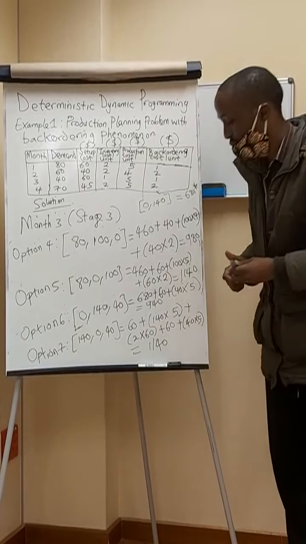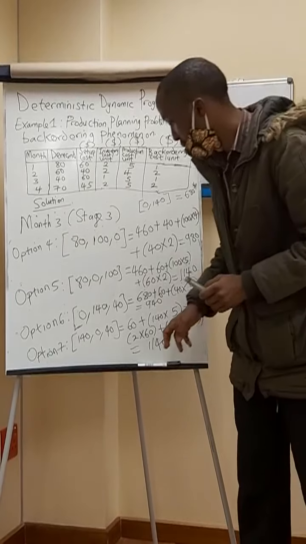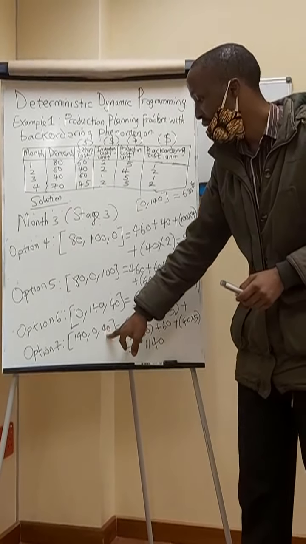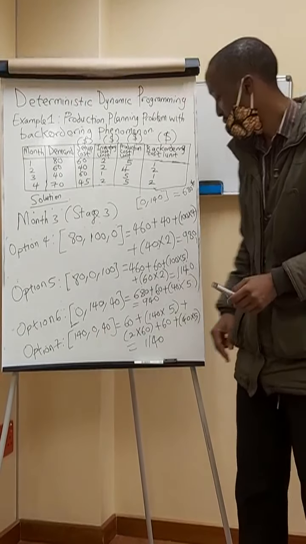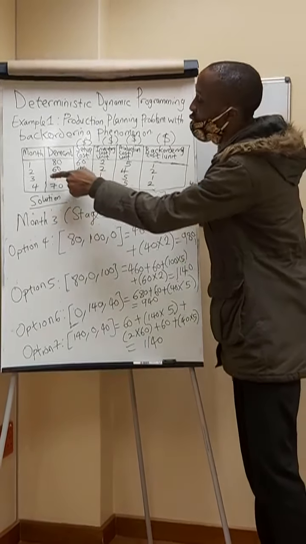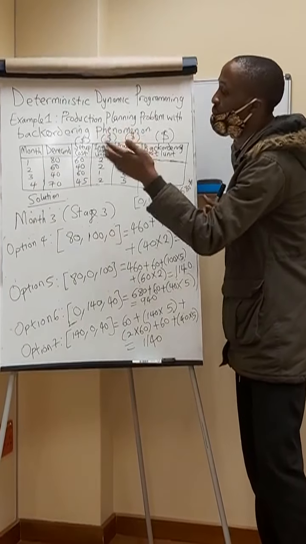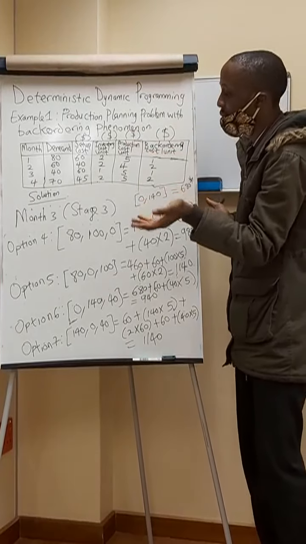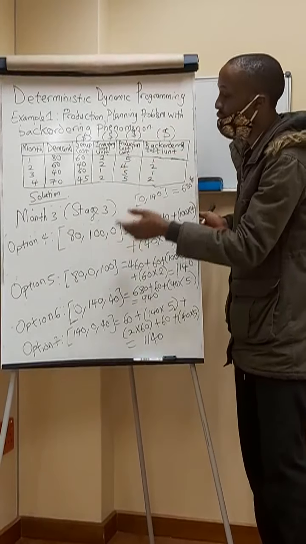Then from there, you now go ahead and produce what is required in month 3, which is producing 40 units in month 3. If you produce 40 units in month 3, the setup cost for producing in month 3, don't forget for each production stage or each production month you incur a setup cost. So you must consider it based on your option.